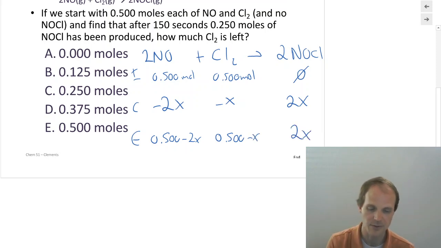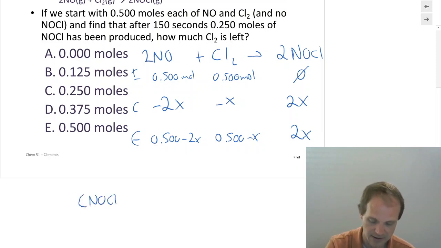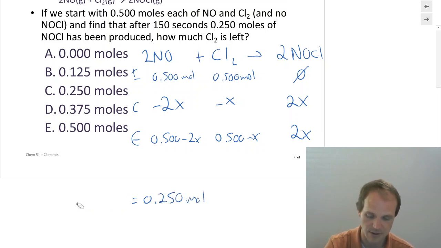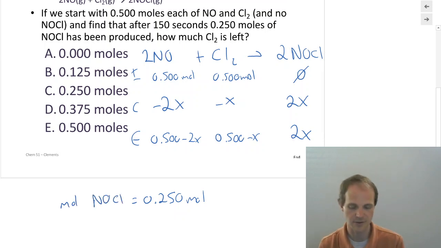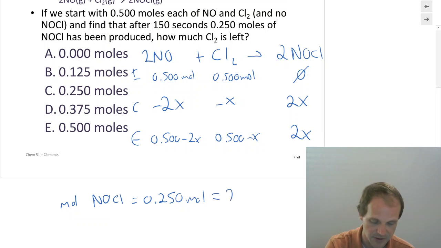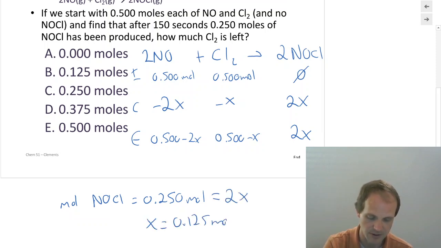So since we know that the moles of NOCl is 0.250 moles, that's equal to 2x, which means my x is equal to 0.125 moles.